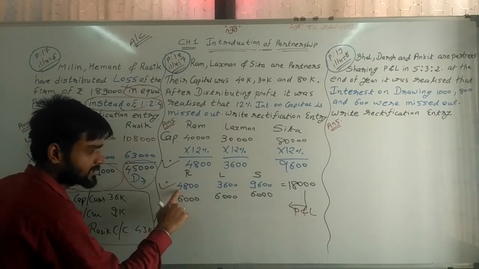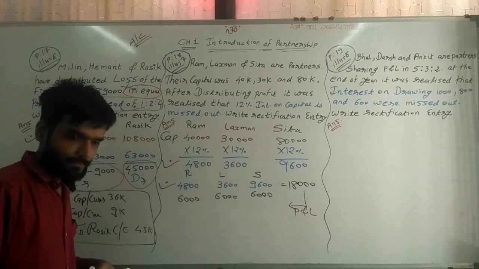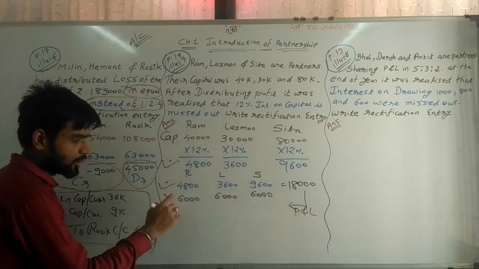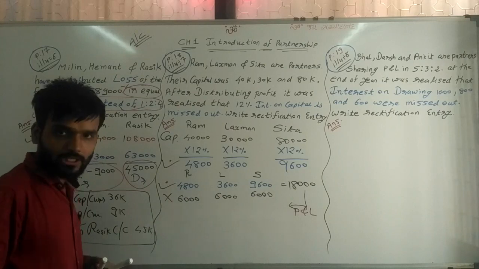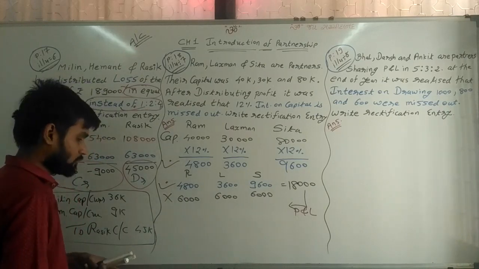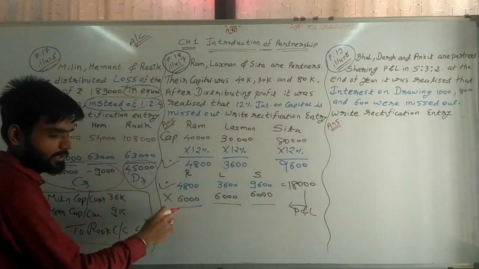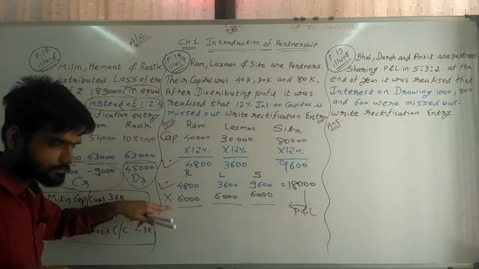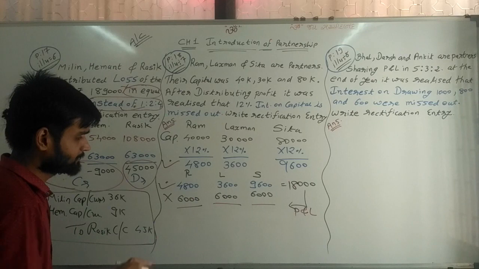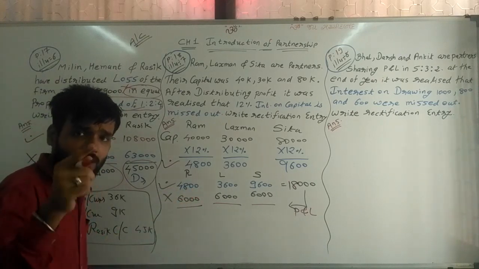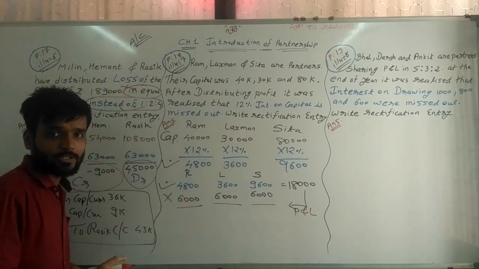Now sir, this first one is the correct interest, and we have wrongly distributed in equal proportion. Now the difference of both: 4,800 minus 6,000.